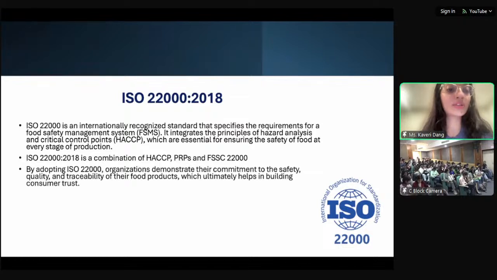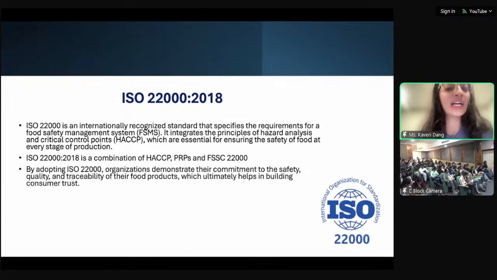So ISO 22000 is an internationally recognized standard that specifies the requirements for a food safety management system. It integrates the principles of hazard analysis and critical control points, which are essential for ensuring the safety of food at every stage of production. And as I told, it's a combination of HACCP, PRPs, which are prerequisite programs, and FSSC 22000.